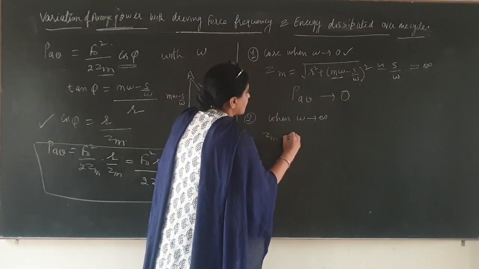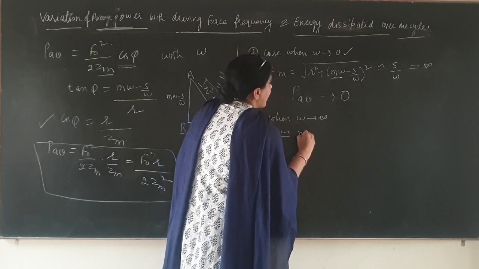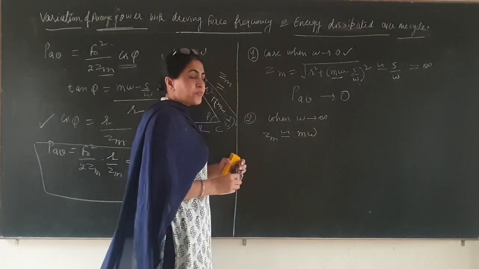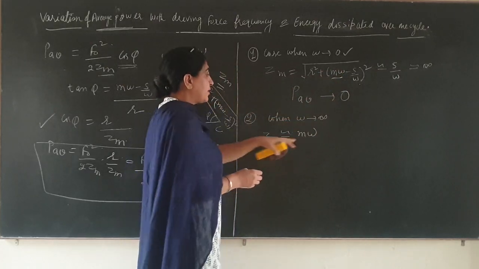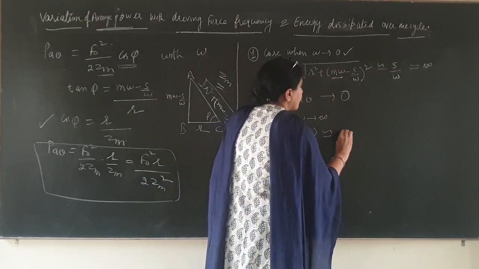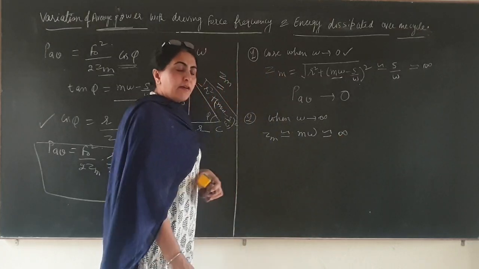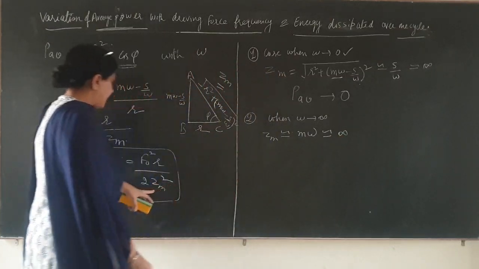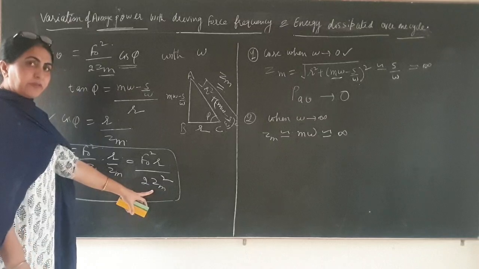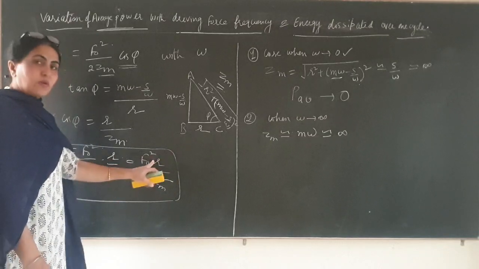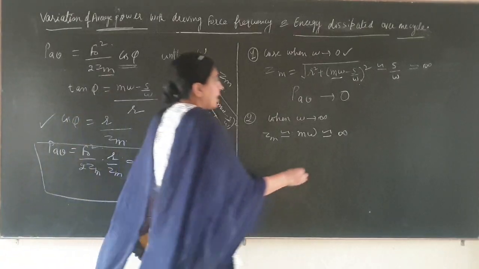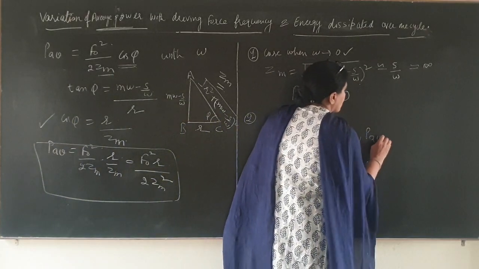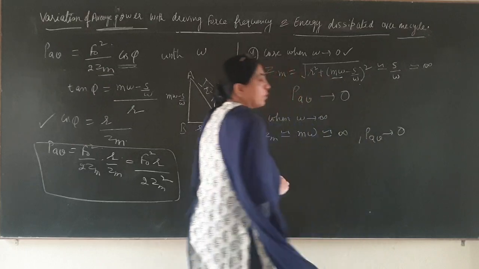So Zm is approximately equal to m omega, and when we put infinity, this also approaches to infinity. Zm infinity means 1 by 0, so P average then again becomes 0. So again average power approaches to 0.